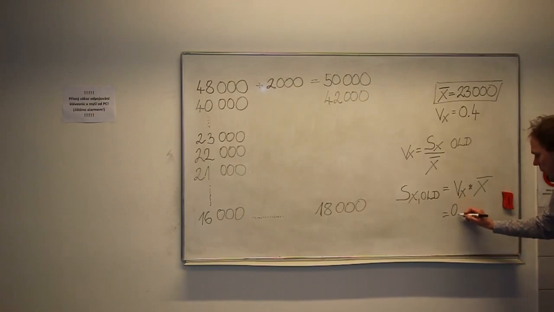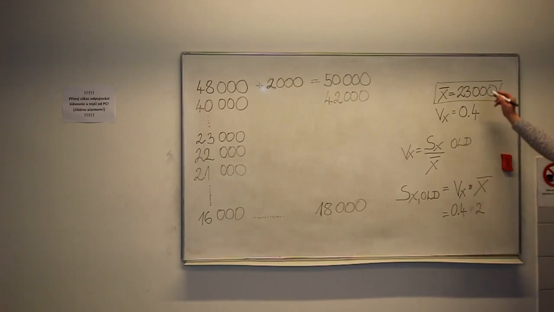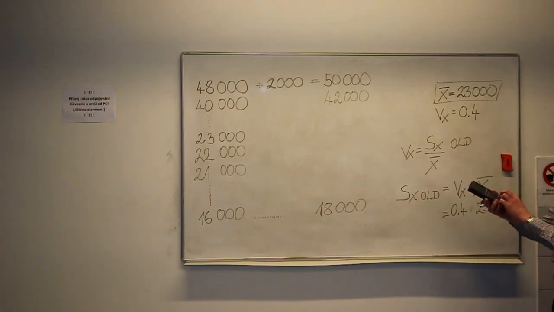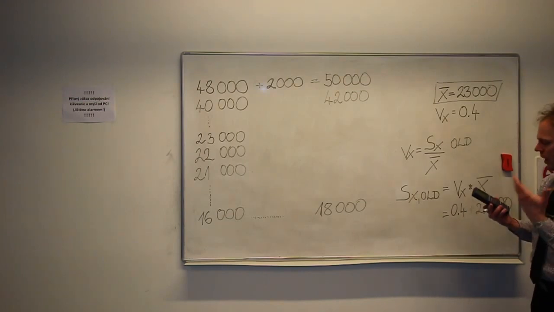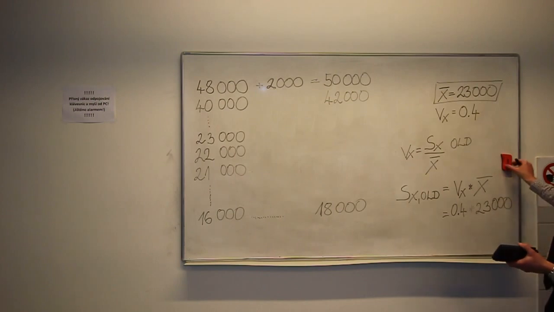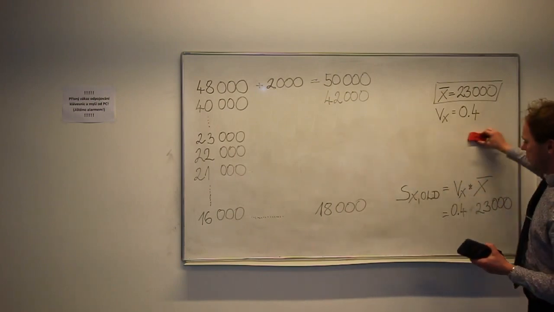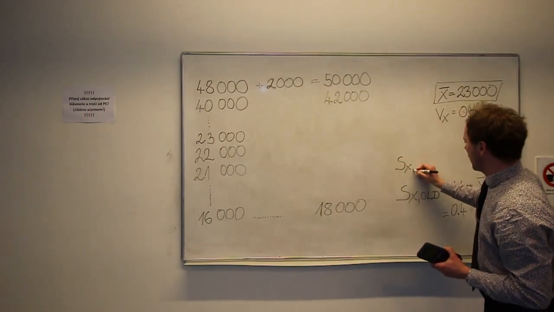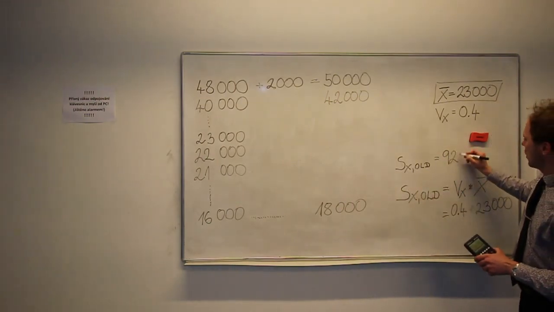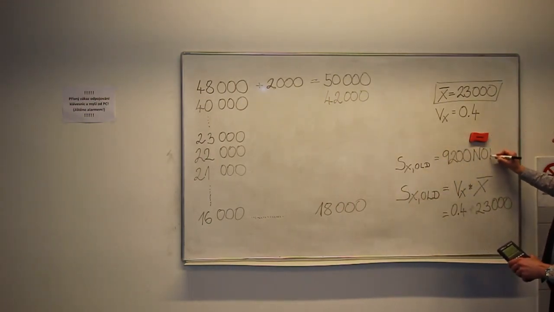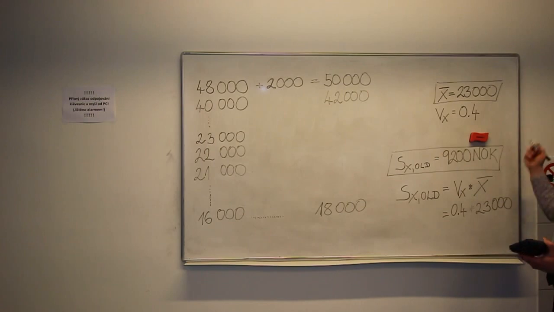So in our situation, 0.4 multiplied by 23,000. Okay, so please use the calculator: 0.4 times 23,000, enter. 9,200. Yes, so this deviation, x old, is equal to 9,200 Norwegian crowns, because the deviation is in the basic units of the original values.